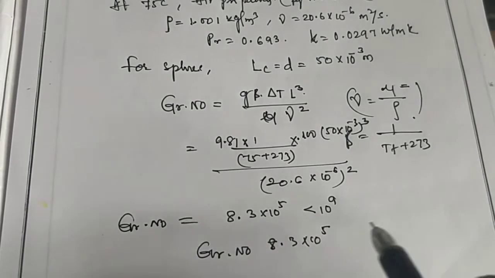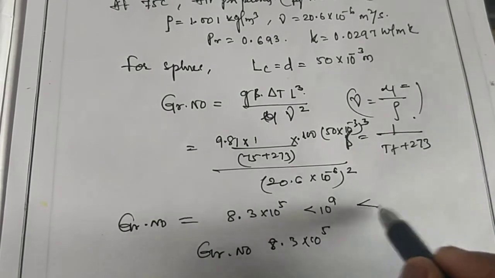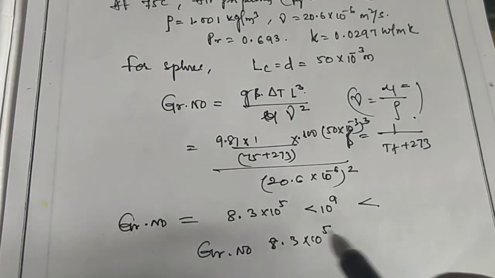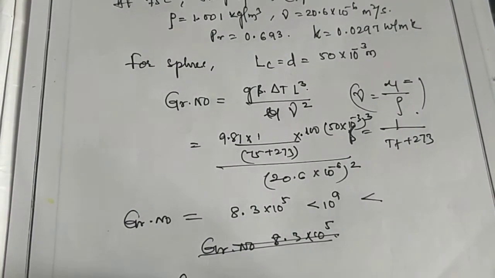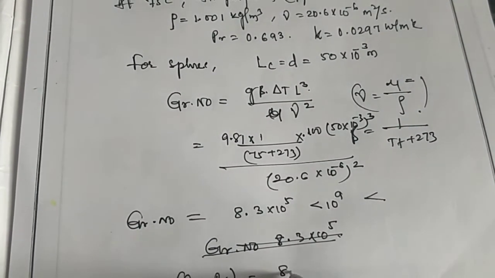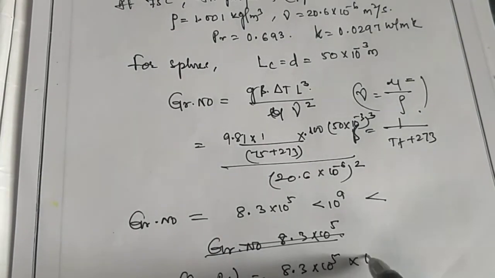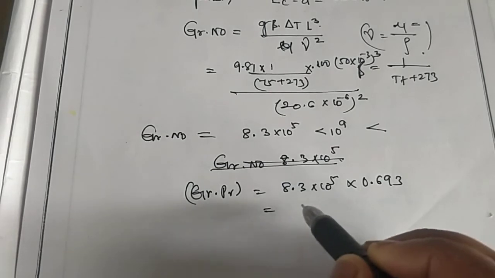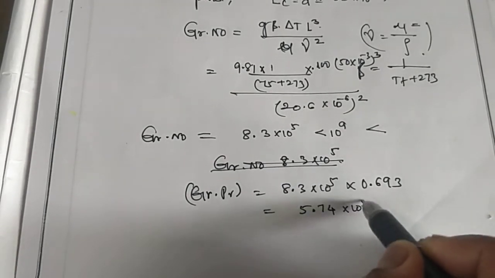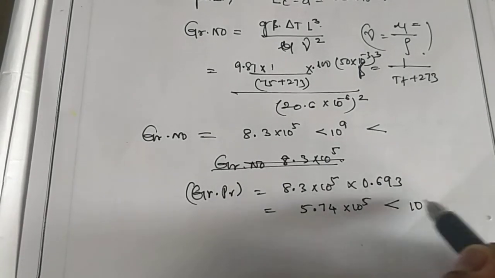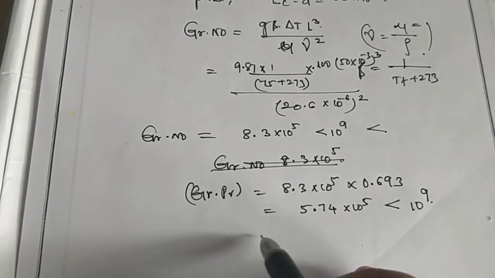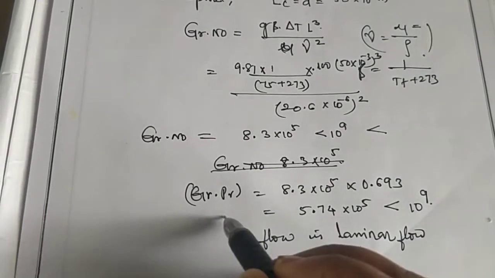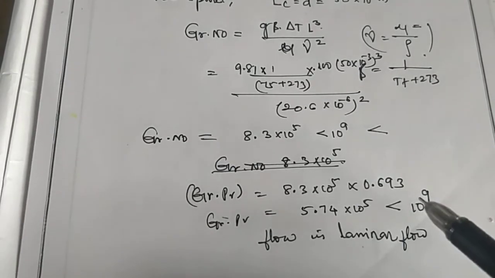Grashof number is 8.3 into 10 to the power of 5. So this value is less than 10 to the power of 9, so we can use this formula, Grashof number and Prandtl number together. 8.3 into 10 to the power of 5 into 0.693 becomes 5.74 into 10 to the power of 5.